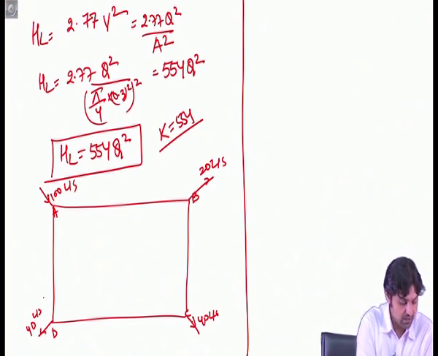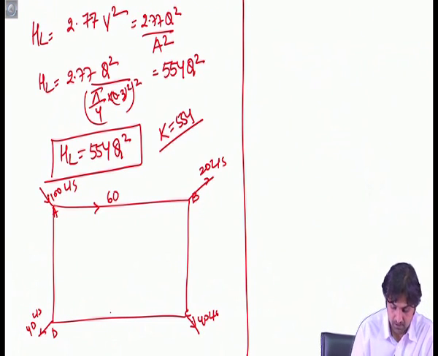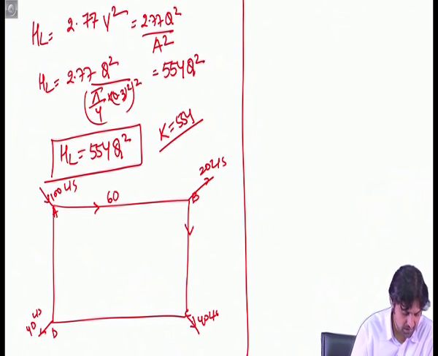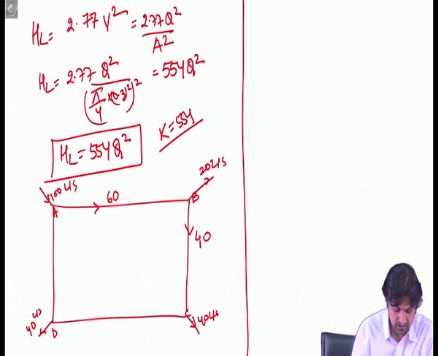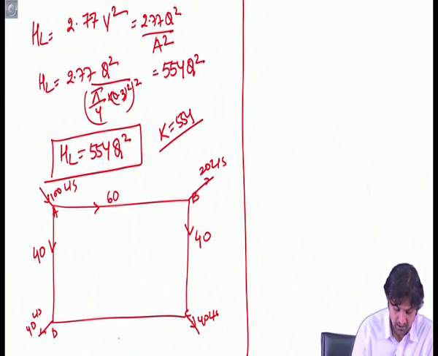Let's say when 100 is coming, pipe AB gets 60 like this, and this say is 40, and AD is in this direction 40, and therefore 40 comes, 40 goes out, and this will be 0.